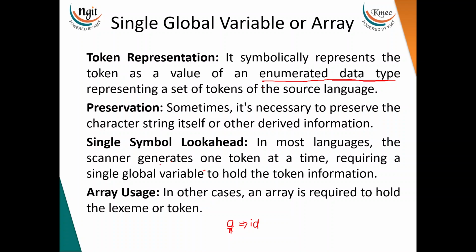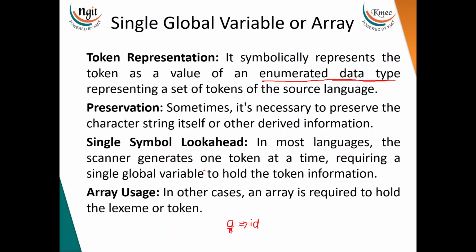But if you want to preserve other information, then you must go for arrays. Most languages generate one token at a time, so in that case they go for the single global variable, because there is only one token. Once one token is detected, we run the token generation again.